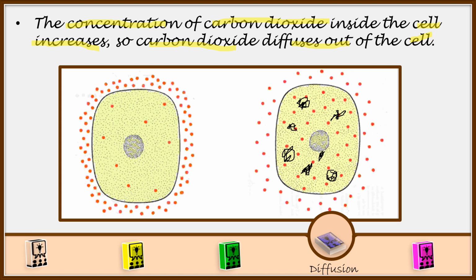The concentration of carbon dioxide outside the cell is very small, but much of the carbon dioxide is inside the cell. So this carbon dioxide is going to diffuse out of the cell because of the high concentration gradient created inside the cell and outside of the cell.